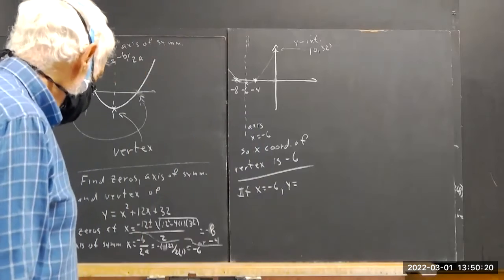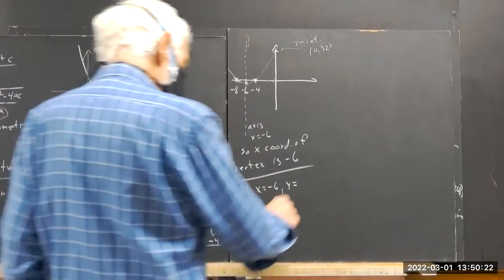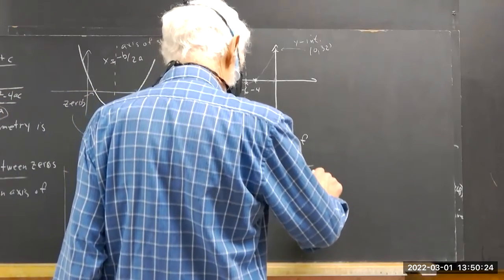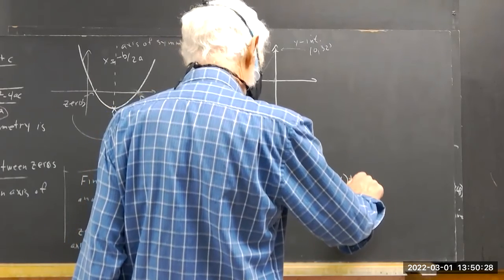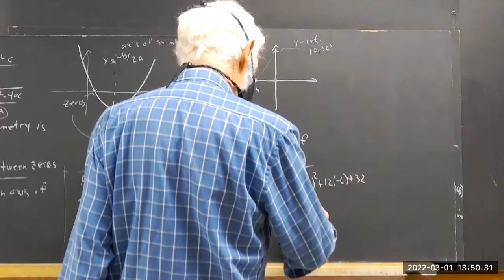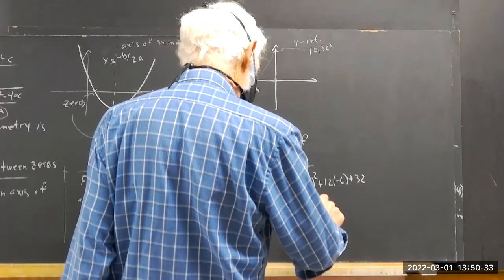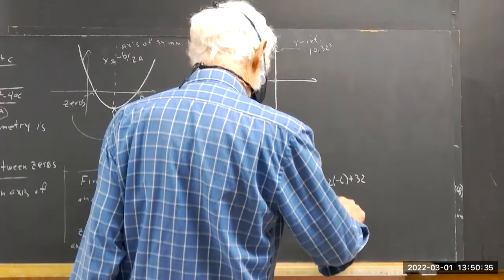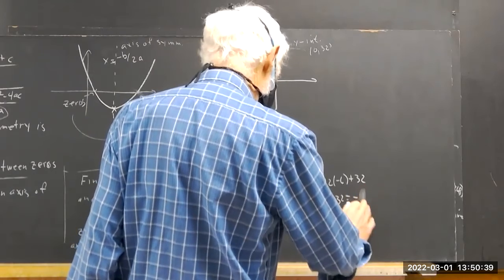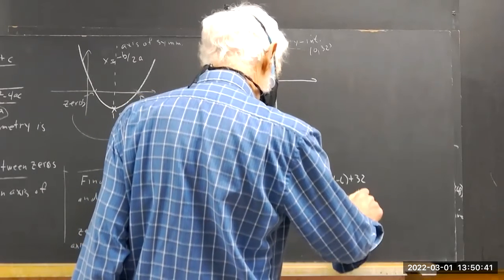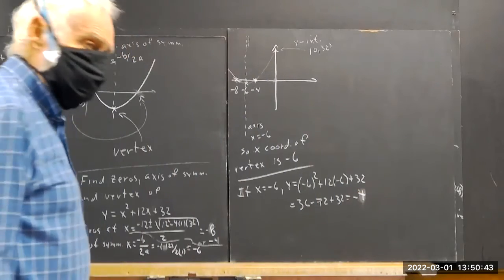If x equals -6, y equals -6 squared plus 12 times -6 plus 32, which is 36 minus 72 plus 32, which is -4.